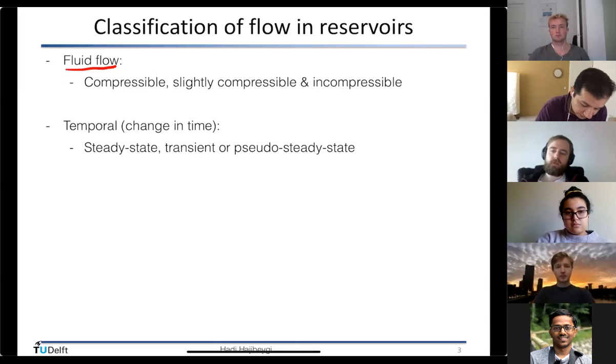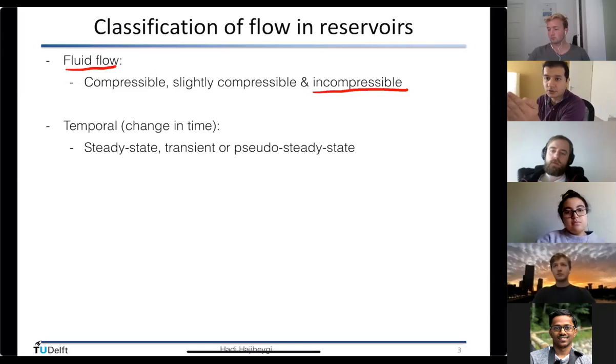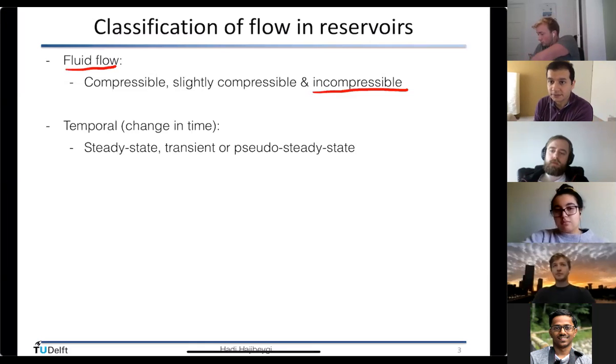Here in this course, we are going to focus on incompressible flows, which means the density of the fluid does not change when it passes through the porous medium. Density is constant. Porosity also does not change due to the pressure of the system. So it stays constant over time.